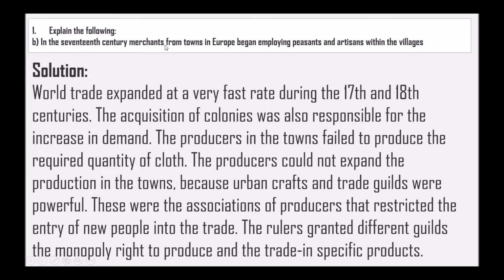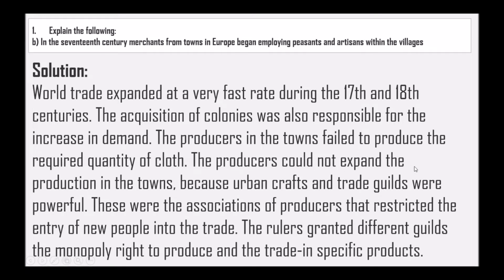Second, in the 17th century, merchants from towns in Europe began employing peasants and artisans within the village. World trade expanded at a very fast rate during the 17th and 18th centuries. The acquisition of colonies was also responsible for the increase in demand. The producers in the towns failed to produce the required quantity of cloth.